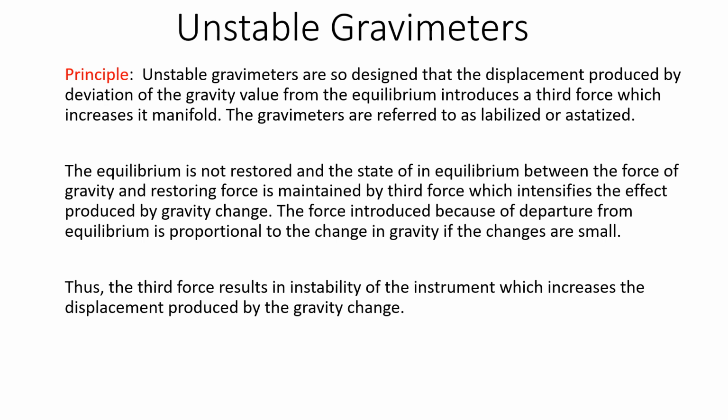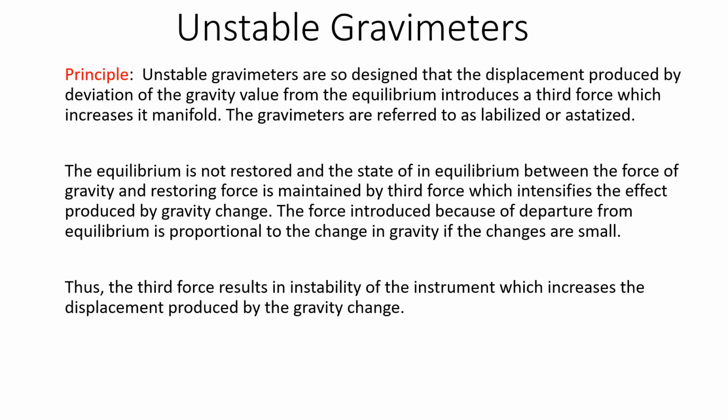The force of gravity has increased or decreased, and the restoring force counteracts it, but it's not allowed to go into equilibrium. The state of inequilibrium is maintained by a third force which intensifies the effect produced by the gravity change.